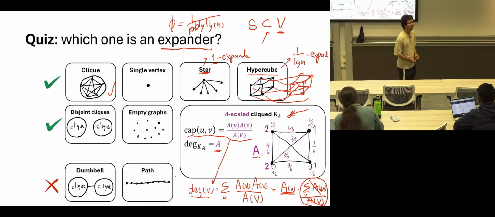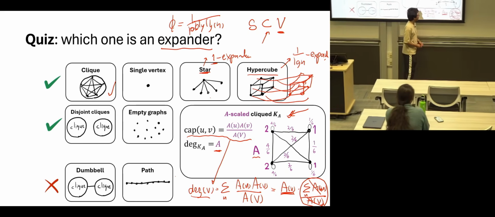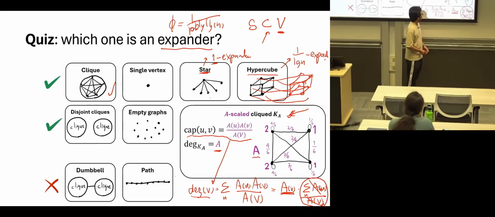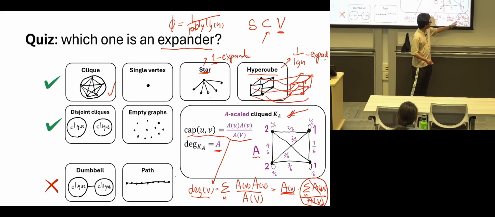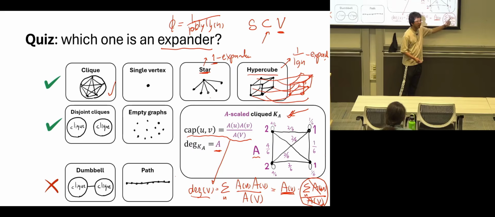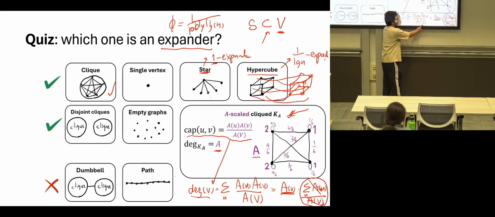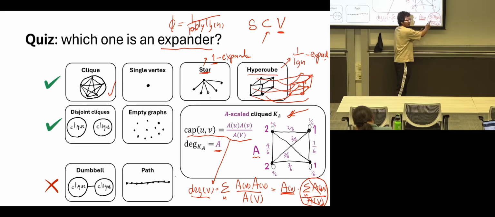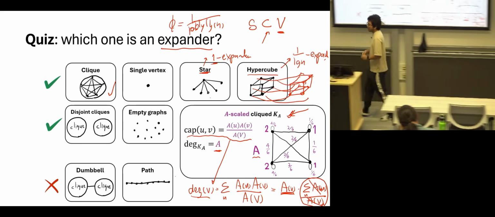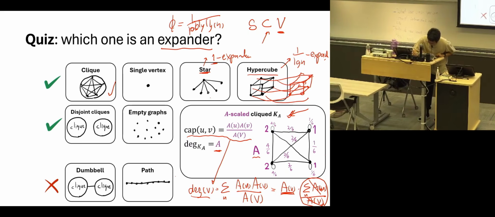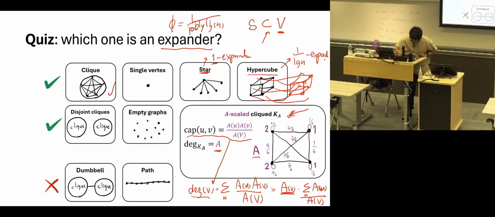In the sum over U, V is not in the sum. How does it cancel? Oh, because this is a capital V, and this is the sum over all nodes U. So this is basically the sum of this thing, with capital V here.